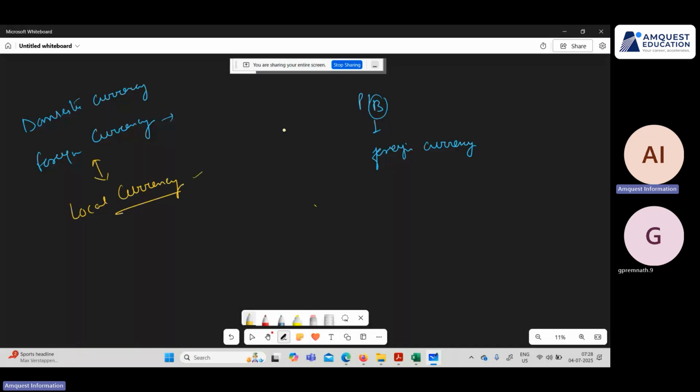So there are two kinds of returns that you can expect. One is from the local currency, basically the capital appreciation that you would see over there. Can I say that that is called RFC, because of the capital appreciation?